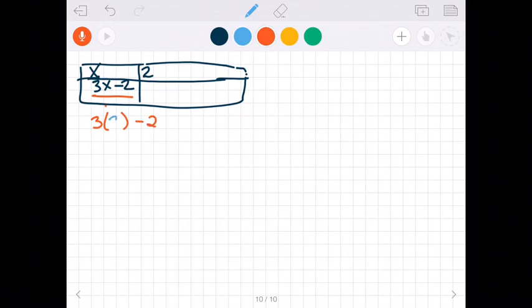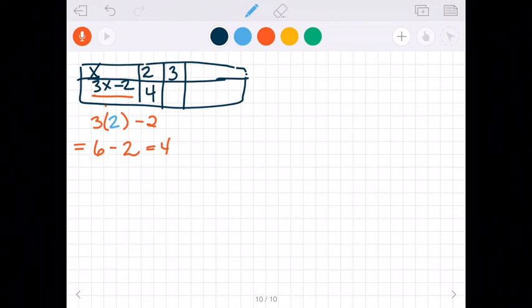I'm going to put my x's in blue. So what is 3 times 2 minus 2? Well, 3 times 2 is 6. Minus 2 is 4. So what we can do is put in our other row that 3x minus 2 is 4. How about when x is 3? Well, once again, we're going to substitute the 3.